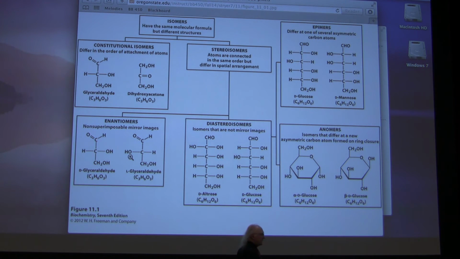It's possible because there are multiple asymmetric centers in most saccharides. It's possible that we can have 2 compounds that have asymmetric centers, but that are not mirror images of each other. Here's a good example. These are both aldoses. These are both hexoses, so we could call them aldohexoses.